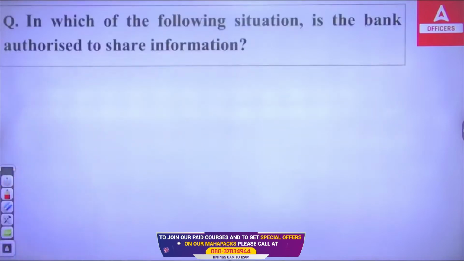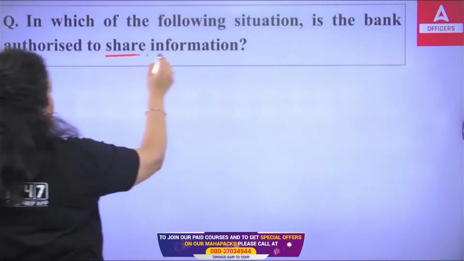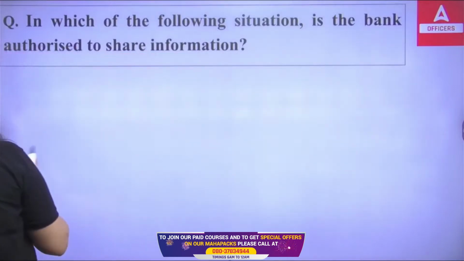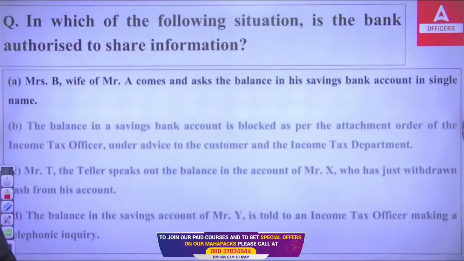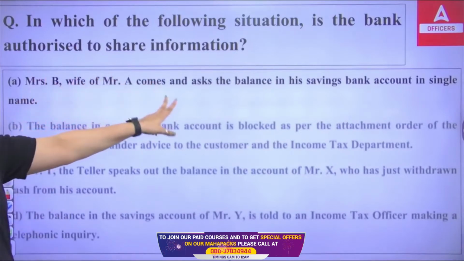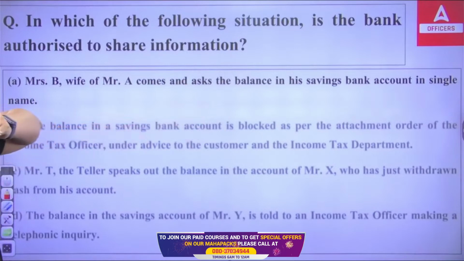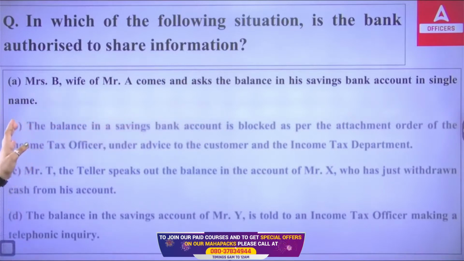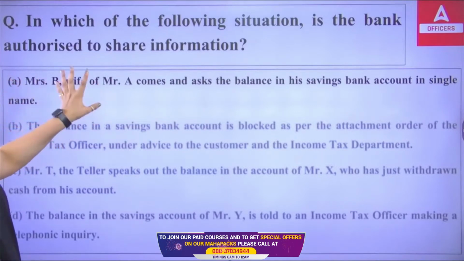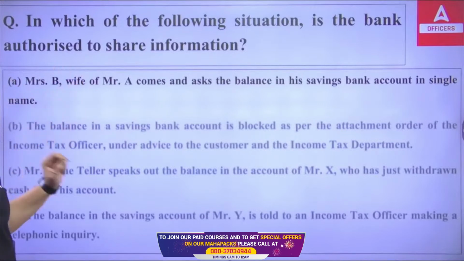Now, in which of the following situations is the bank authorized to share information? First, Mrs. B, wife of Mr. A, comes and asks the balance in his savings account in a single name. So the account is in the name of Mr. A, but his wife came to the bank and is asking for the amount.